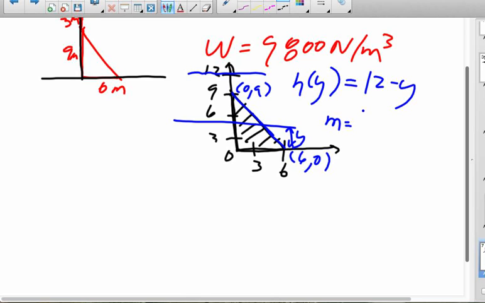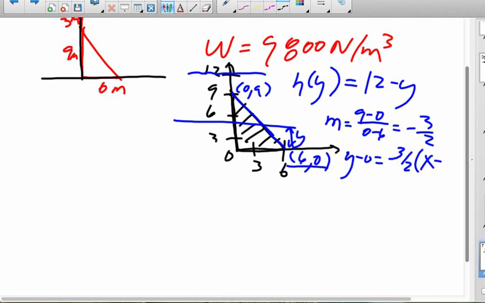So my slope is going to be 9 minus 0 over 0 minus 6, which is negative 3 halves. So y minus 0, picking this point, equals negative 3 halves times x minus 6, or y equals negative 3 halves x plus 9.